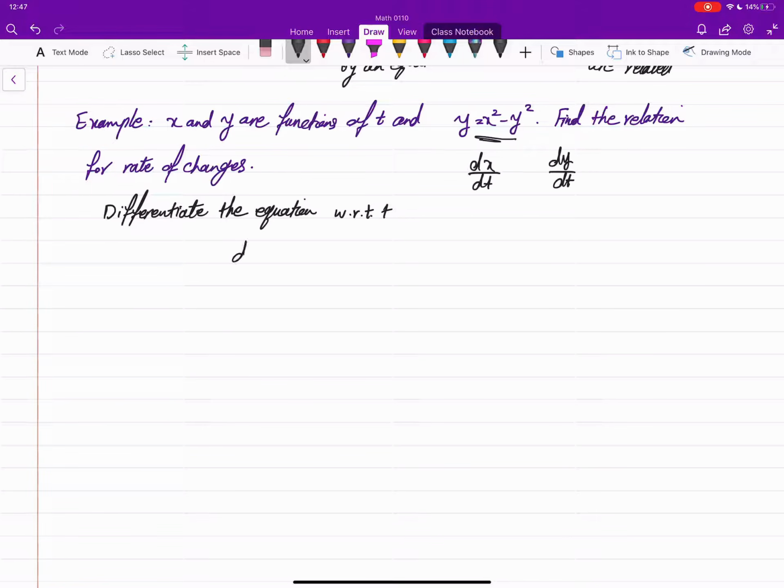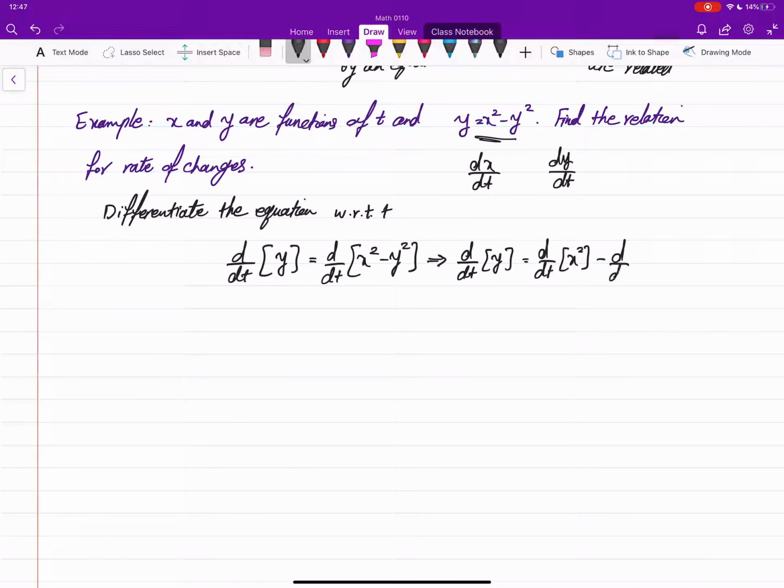So I start with finding the d dt of both sides of the equation. Here it is just the difference rule, so it is the d dt of x squared minus the d dt of y squared.